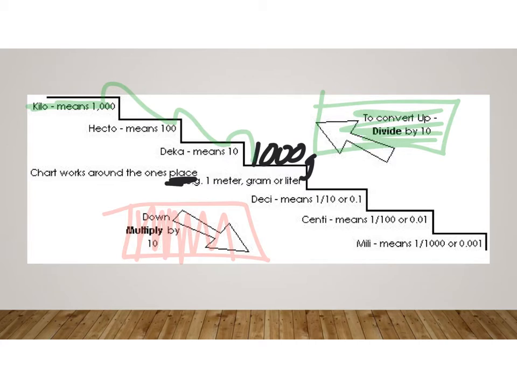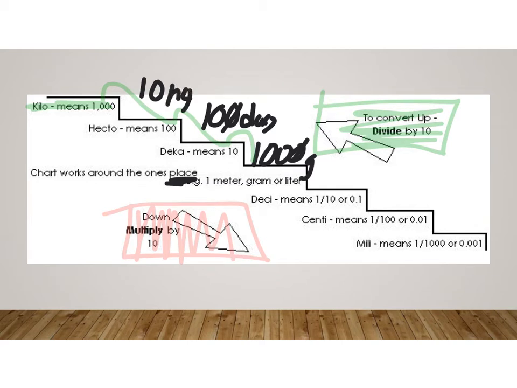I'm going to have to divide 1,000 by 10, which will get 100 decagrams. And then as I go up again, I divide by 10. That gets rid of another 0. I now have 10 hectograms.